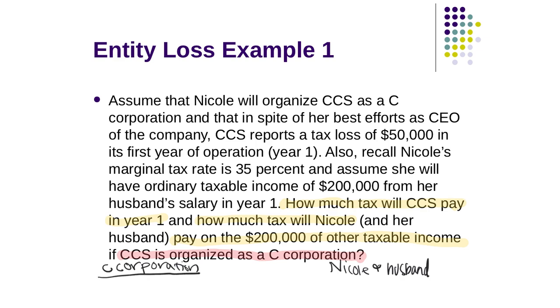So under the C corporation, CCS reports a tax loss of $50,000. Since that corporation has a loss, so $50,000 loss, the amount of tax they will pay is zero.